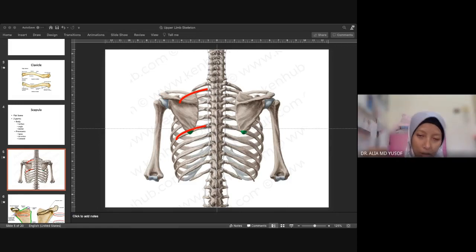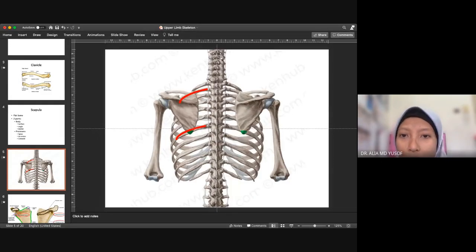Kalau you palpate daripada bawah tengkuk ini, you dah rasa bonjolan-bonjolan macam batu-batu kecil. You rasa one by one sampailah dekat bawah, sampai kat punggung. Itu namanya spinous process of the vertebra.